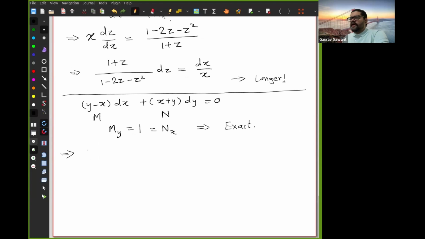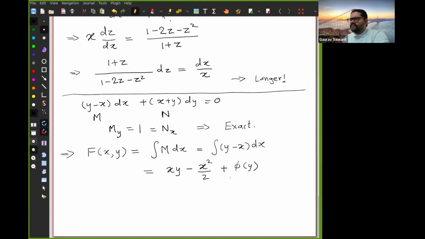So I would have f(x,y), which is the expected solution, equal to integral M dx, which is integral (y minus x) dx, that is xy minus x square over 2, and you will perhaps have a function of y as the constant of integration with respect to x.